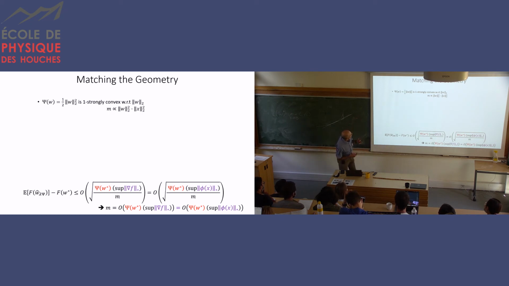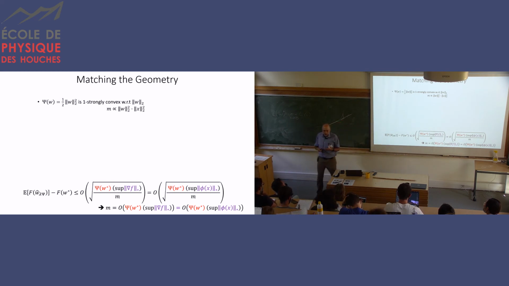Oops, I think I dropped the phis here. The squared Euclidean norm of the data times the squared Euclidean norm of the predictors we want to compete with. So this would be fine if we think our predictors have small Euclidean norm and the data has small Euclidean norm. Does this make sense? Okay.